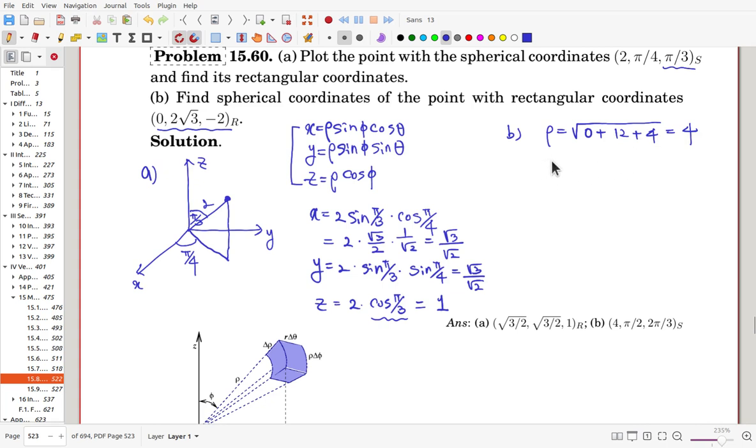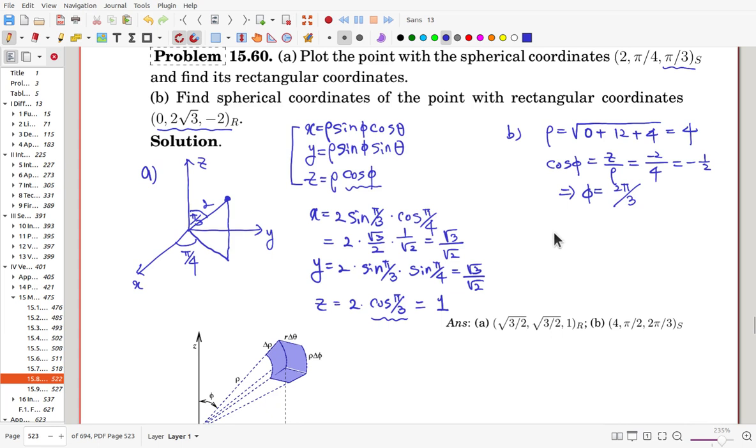Now cosine phi is z over rho. What is z? Z is minus 2, over 4, that's minus half. So from here, phi must be 2 pi over 3. Then cosine phi is minus 1/2.